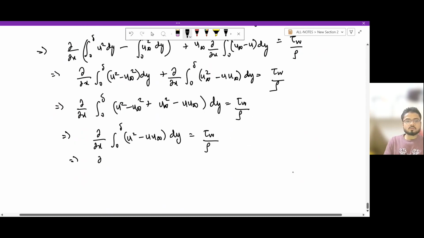And if you solve this further, you can always get integral 0 to delta, take u infinity squared common.